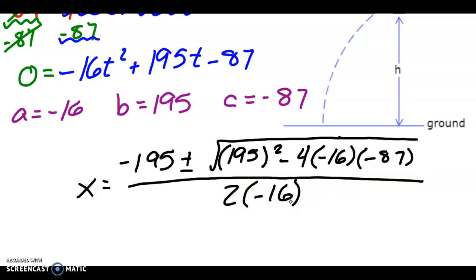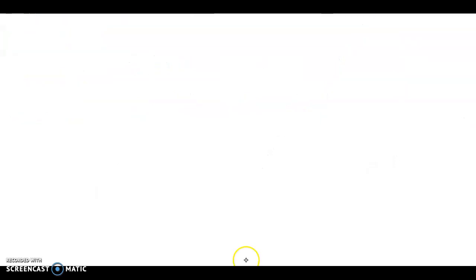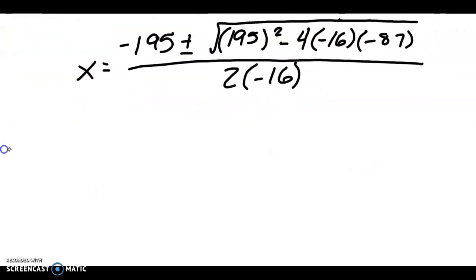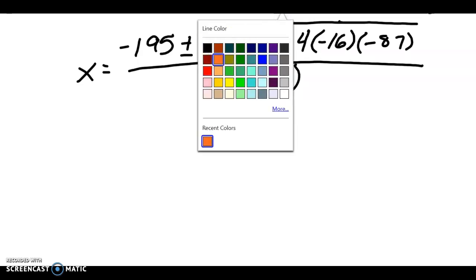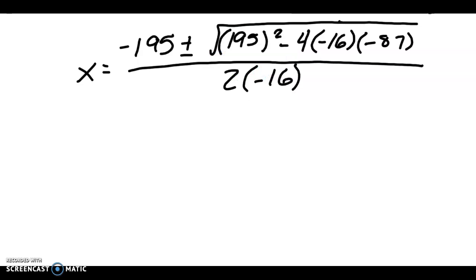Okay, so big numbers here, but it's not going to be any different than what we've already seen. You're still going to go through those same steps, and we're going to just simplify this one piece at a time. The first thing that I'm going to do, I like to get everything underneath that square root taken care of.